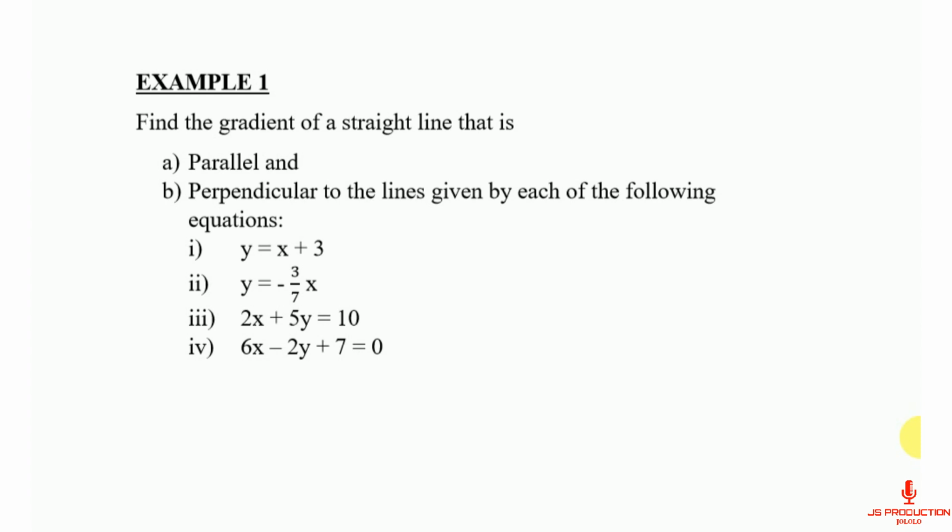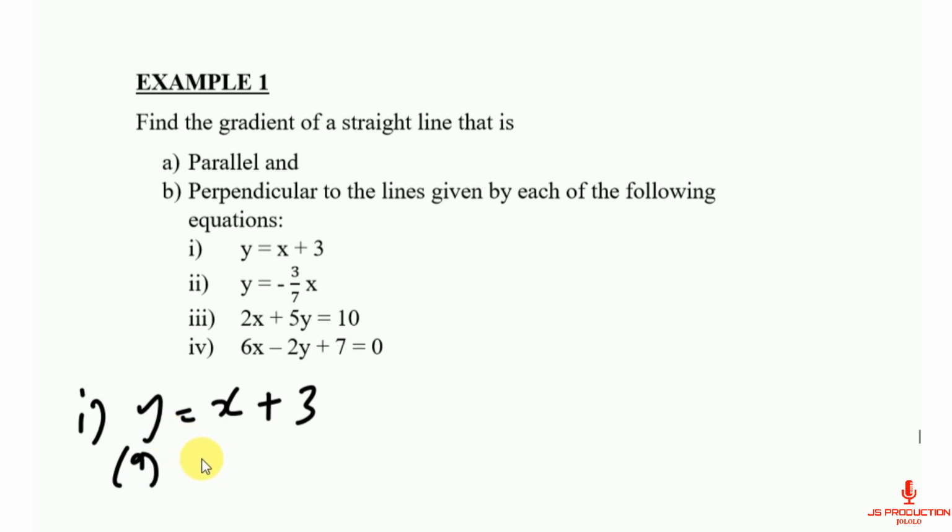Roman numeral 1, I have y is equal to x plus 3. For A, I'm supposed to calculate the gradient of the line which is parallel to this line, and for B, I'm supposed to calculate the gradient of the line which is perpendicular to this line. So I'll say A there.